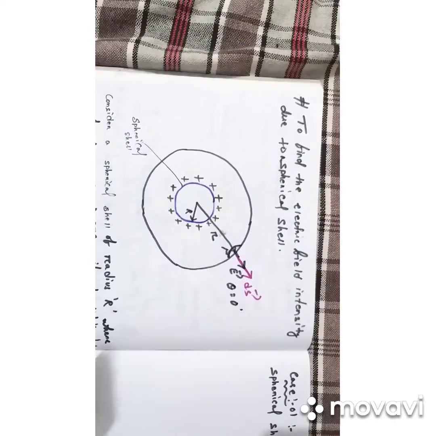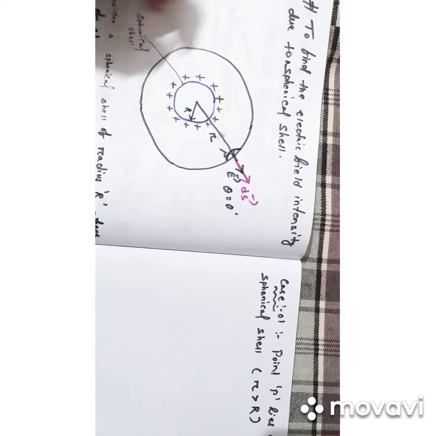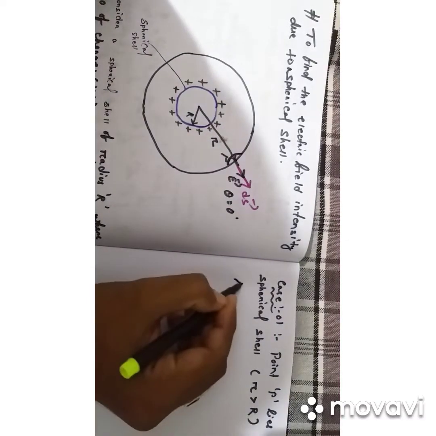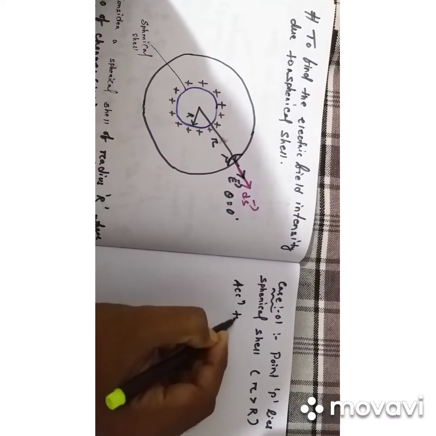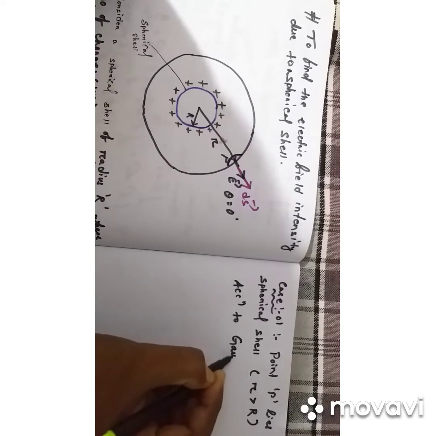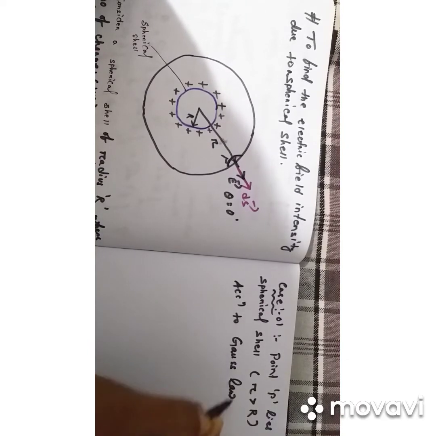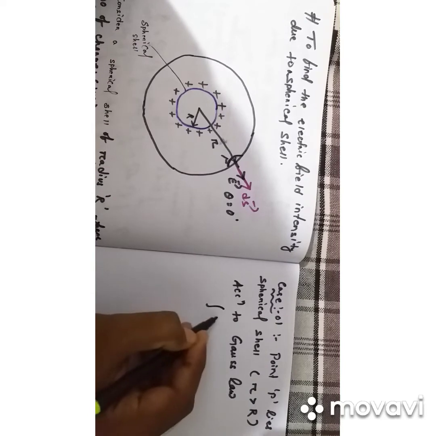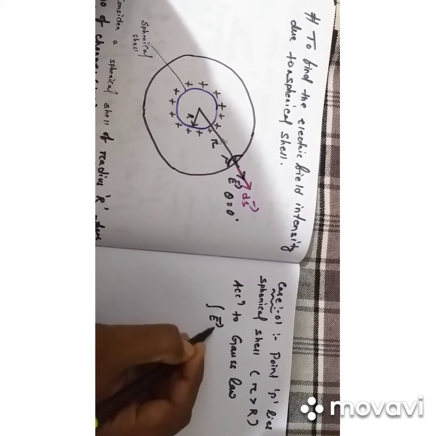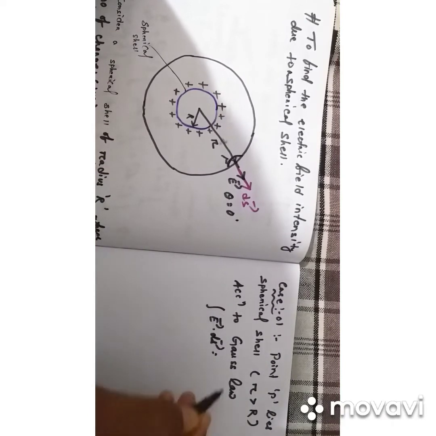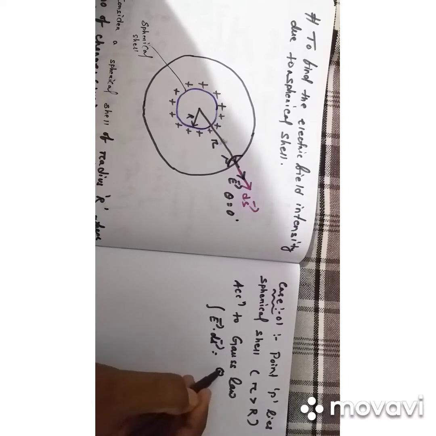Clear? Here we write that according to Gauss law, the surface integral of E vector dot ds vector equals the total charge over epsilon 0.